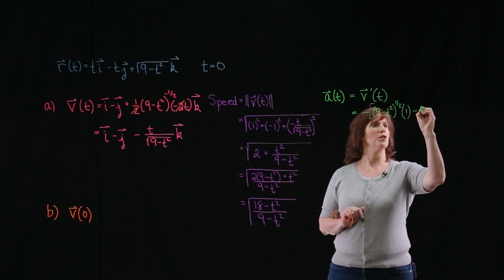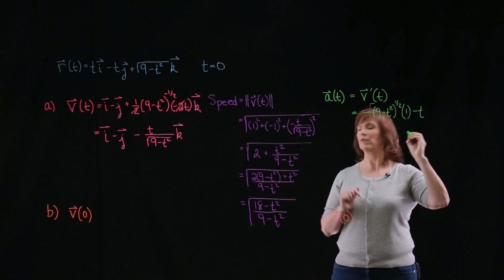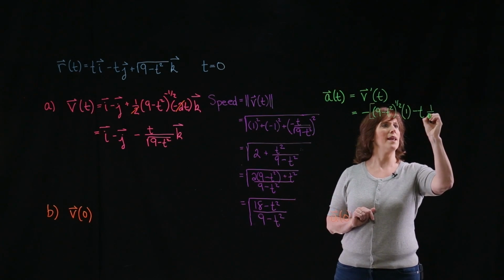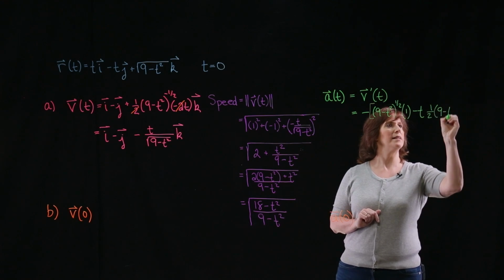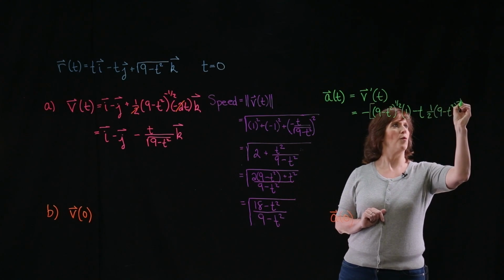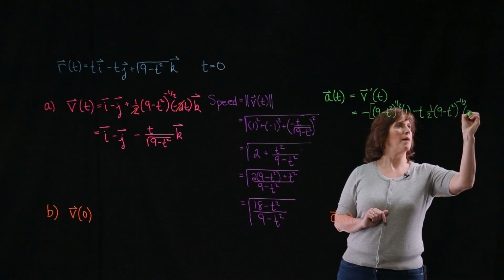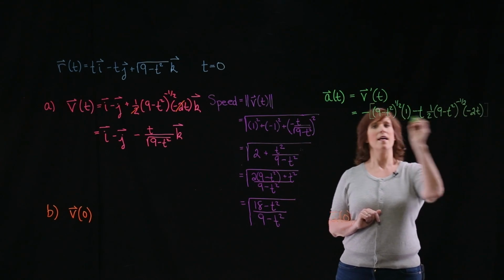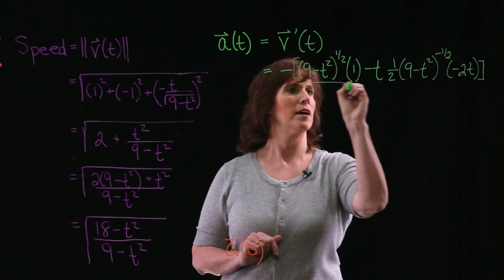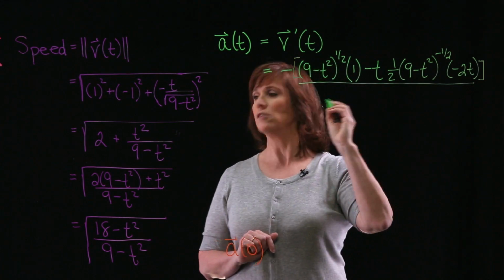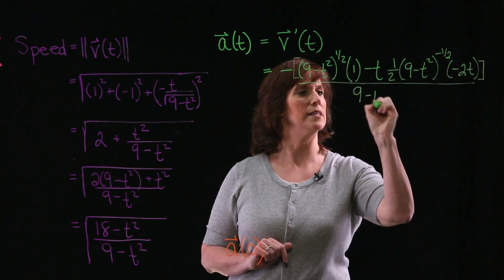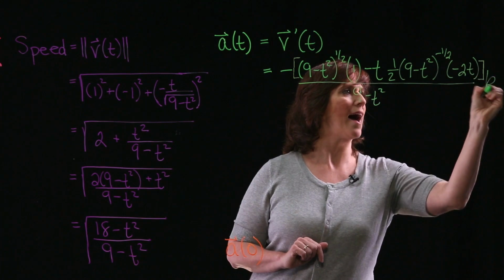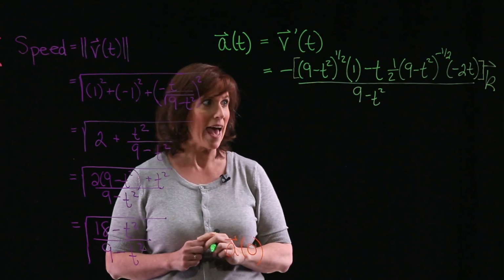And then I'll subtract the numerator, t, times the derivative of the denominator, which will be 1/2, 9 minus t squared to the negative 1/2, times minus 2t. That's all over the denominator squared, which is 9 minus t squared, and I still have my vector k.